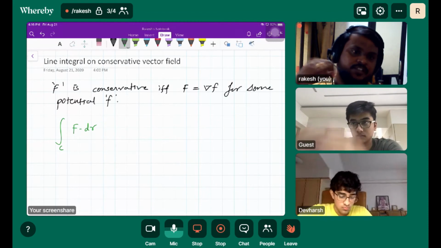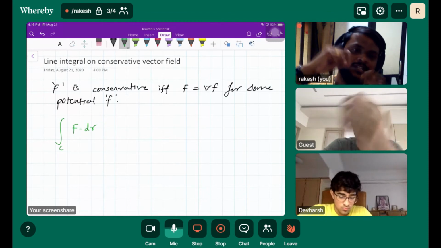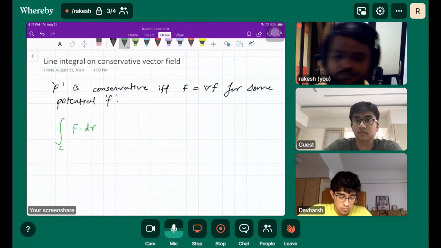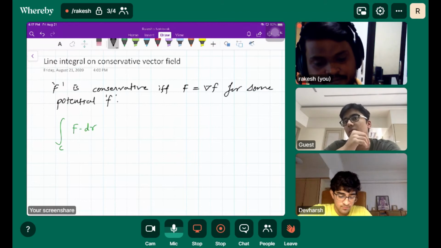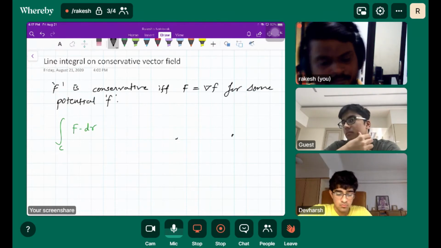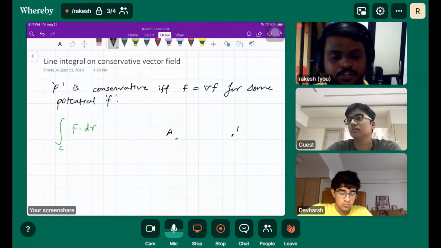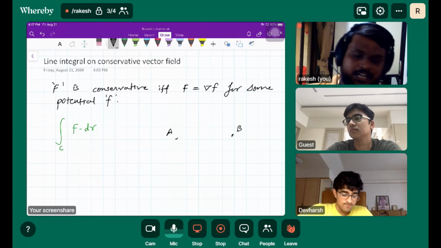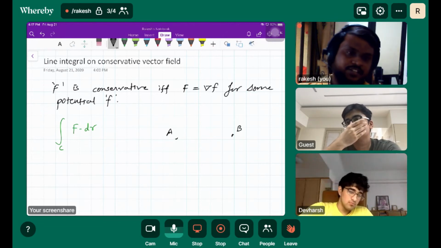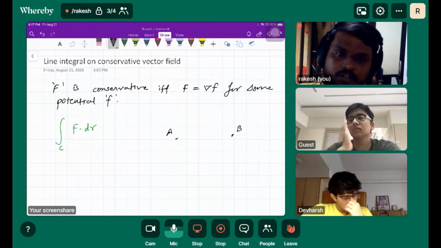See, the conservative vector field is independent of the path. If we have two points and we need to move a particle from point A to point B through some vector field, we need to do some work, right?